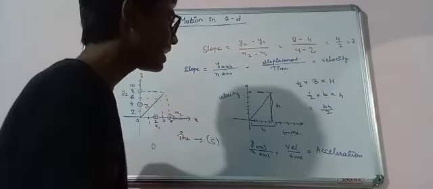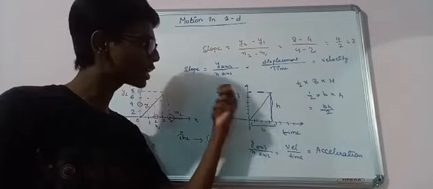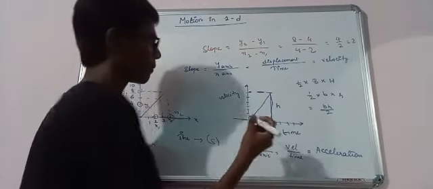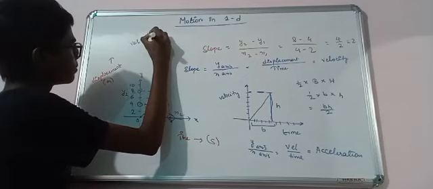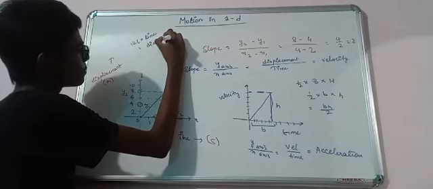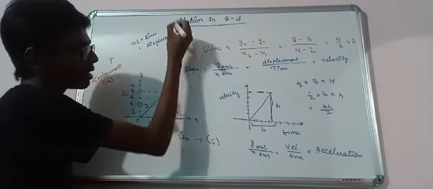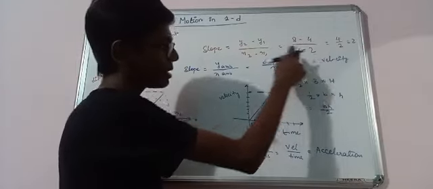Now, what did we do? Velocity into time, right? By finding the area, we actually multiplied velocity with time. Now see, if we are multiplying velocity into time, then what are we getting? We are getting displacement. See, displacement by time is velocity. Velocity into time is displacement.